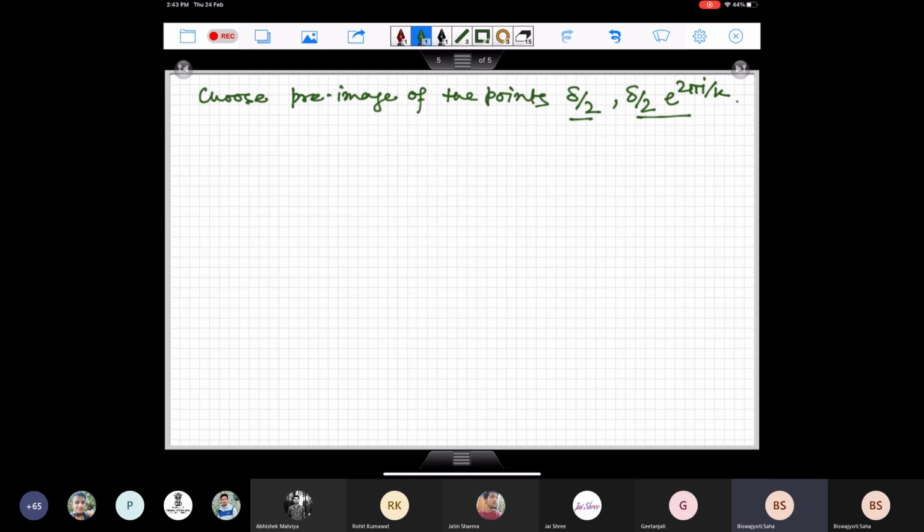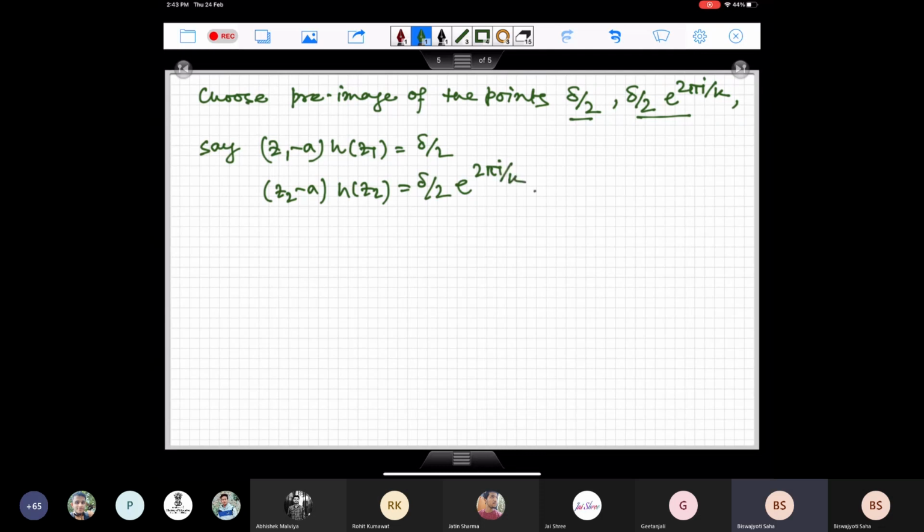So say z1 minus a times h of z1 is delta by 2, and z2 minus a into h of z2 is equal to delta by 2 e power 2 pi i by k.